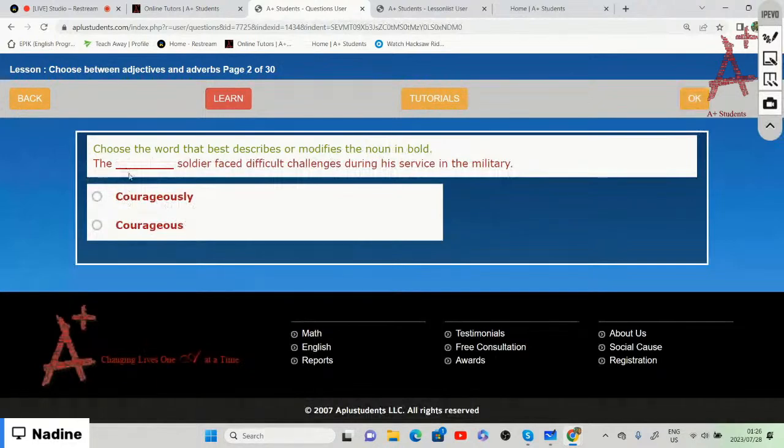The courageously soldiers or the courageous soldier faced difficult challenges during his service in the military. We need to choose the word that best describes or modifies the noun in bold.